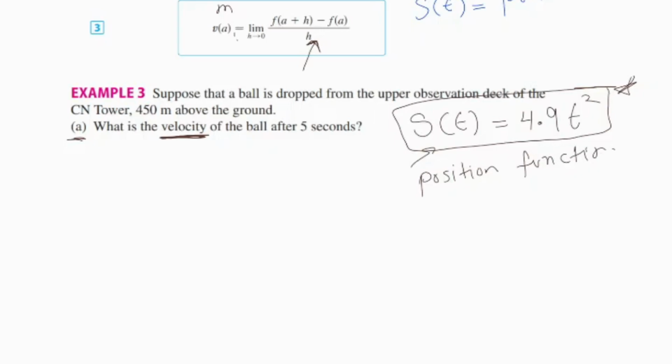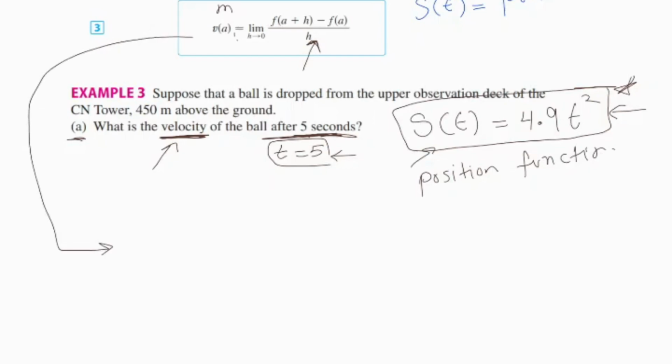I need to find the slope of the tangent line after 5 seconds. After 5 seconds means when t is equal to 5. So I have the curve and I have the point, which is t equal to 5.